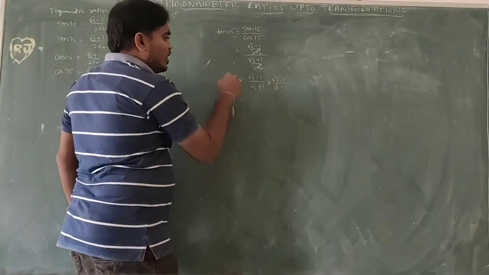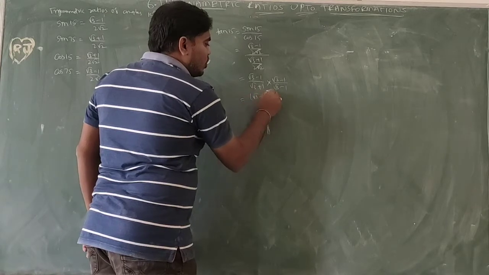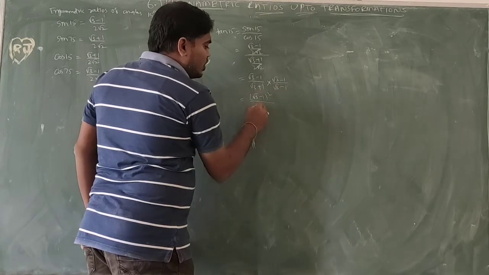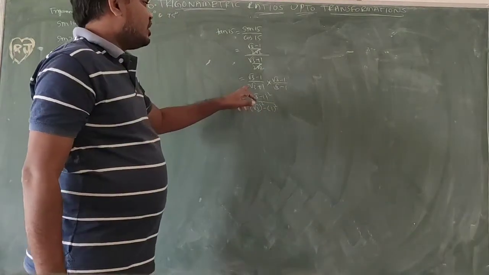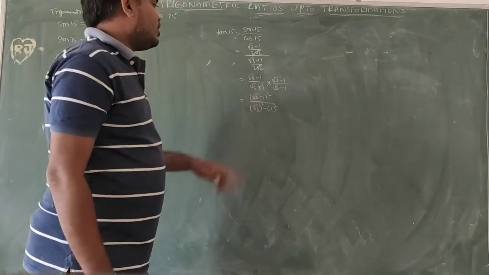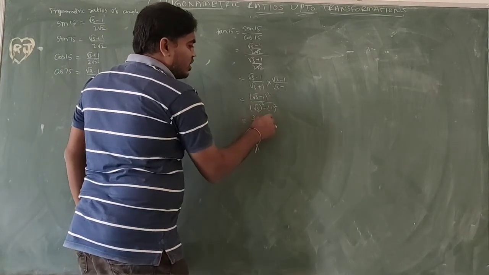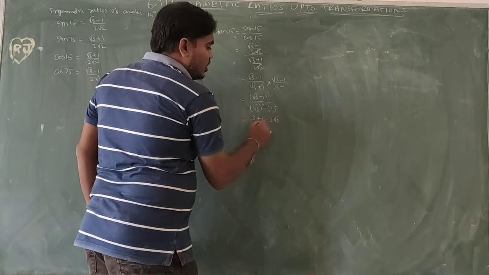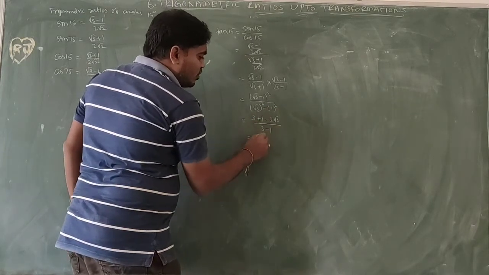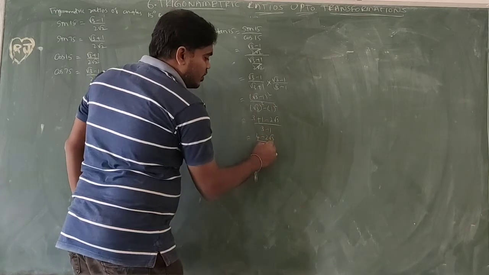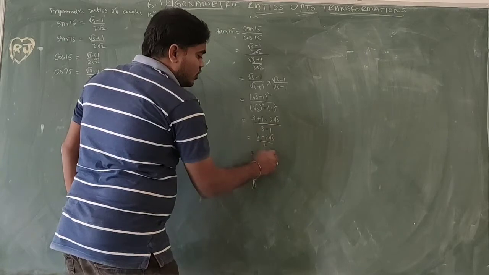So the numerator is root 3 minus 1 whole square, and the denominator is root 3 square minus 1 square, because a plus b into a minus b is a square minus b square. In a minus b whole square, root 3 square is 3, 1 square is 1, minus 2 root 3. The denominator is 3 minus 1, which is 2. So 3 plus 1 is 4, minus 2 root 3, by 2. Dividing by 2, we get 2 minus root 3.